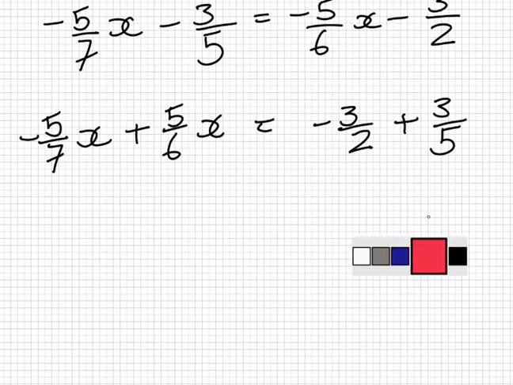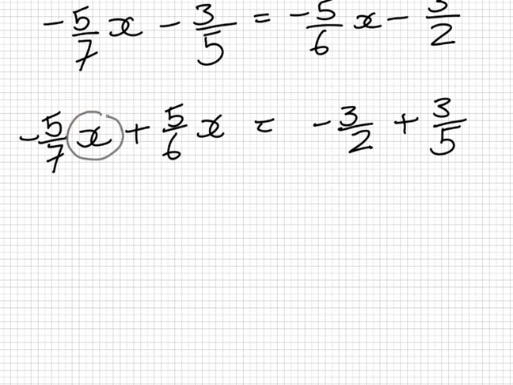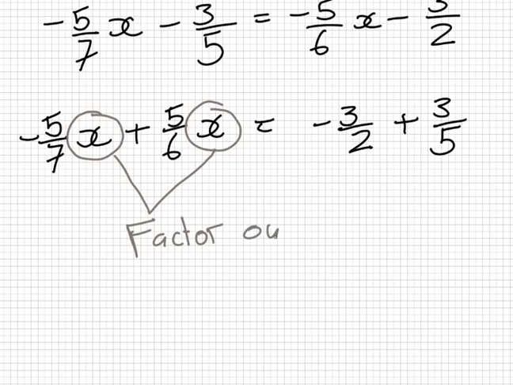Now if you look at the left though, we have an x here and an x here. So the verb that you want is we say we factor out. That's the verb here. Factor out means you write the x outside of the brackets.